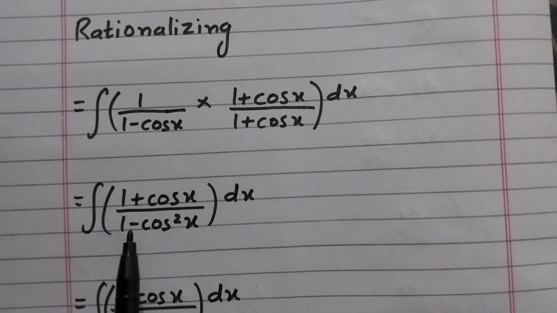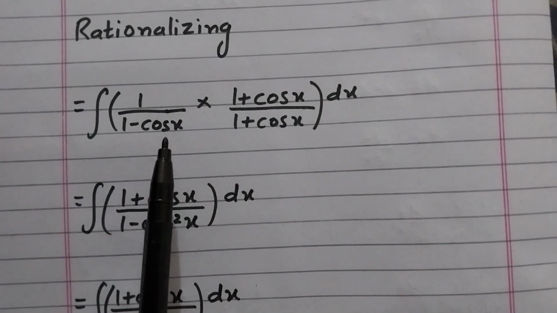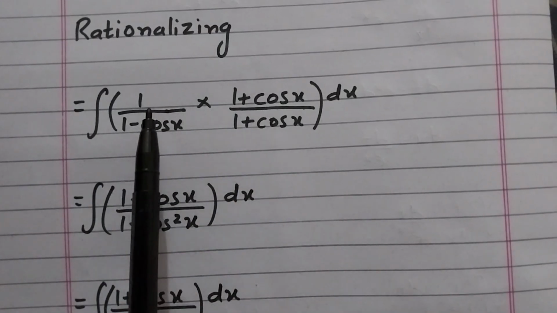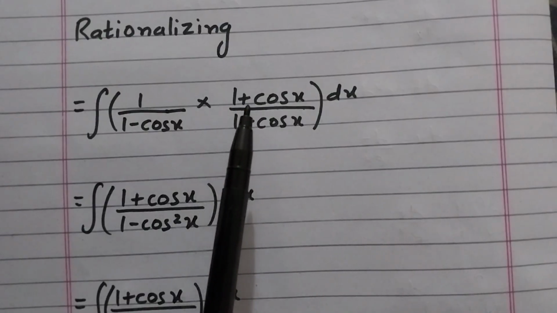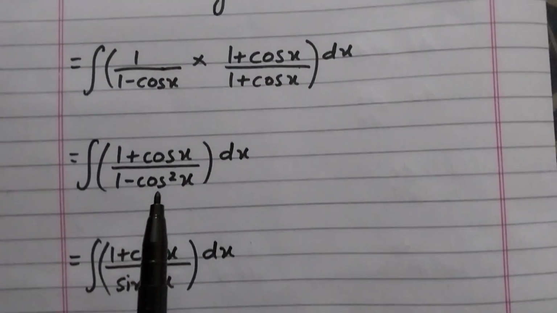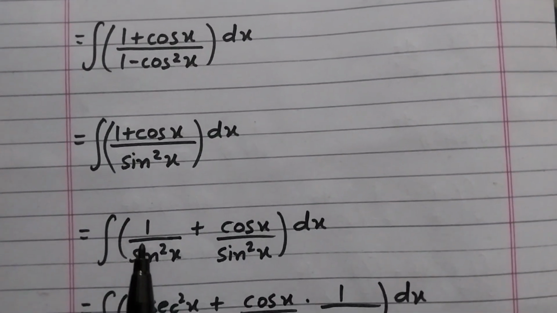So in the denominator it will be 1 squared minus cos x squared. 1 squared is just 1, minus cos squared x, and 1 plus cos x being multiplied with 1 is simply 1 plus cos x. So we have 1 plus cos x over 1 minus cos squared x.